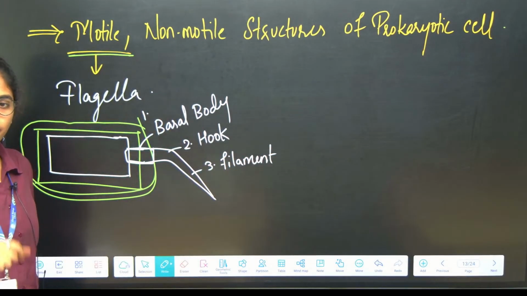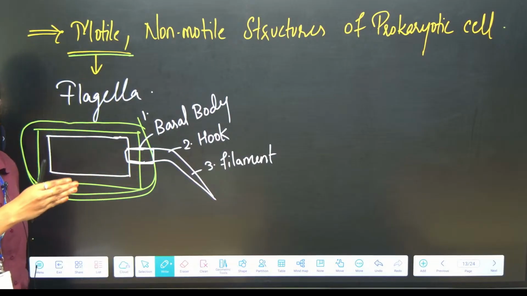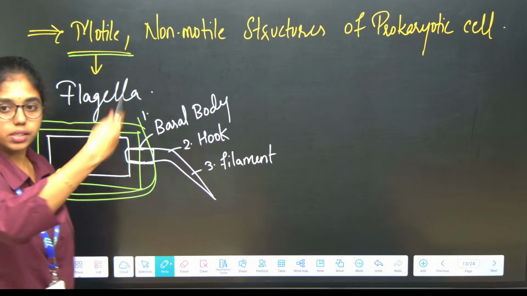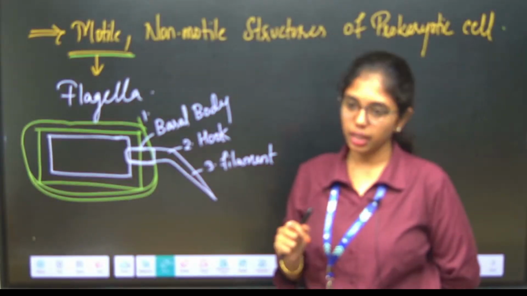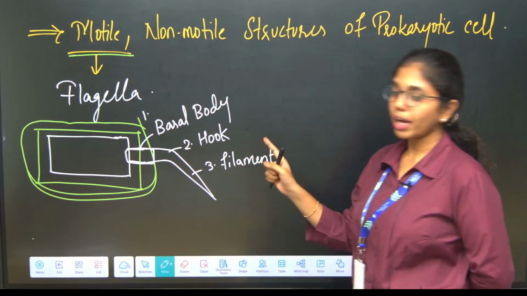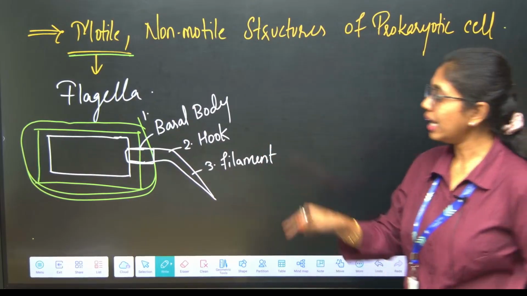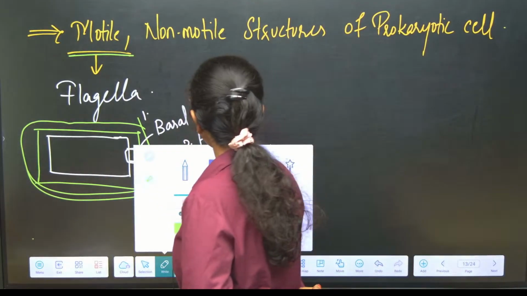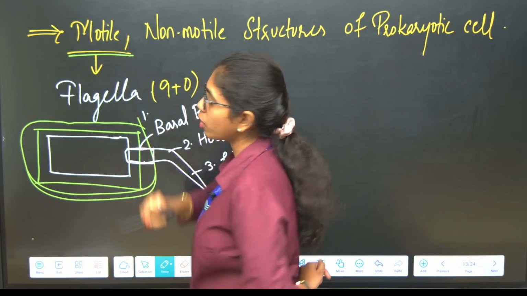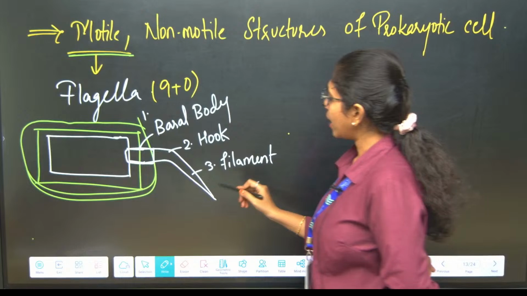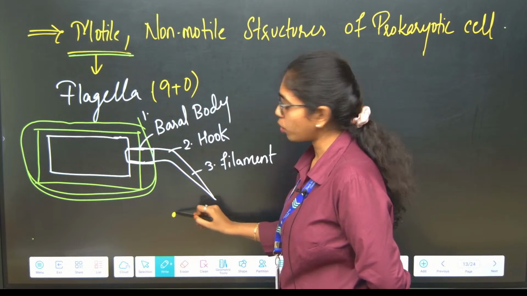How will the flagella move? Not like a snake that crawls; it will move like this. How? Because of the microtubular arrangement inside it. We will look into the microtubular arrangement in detail, but as of now remember, flagella have a 9+0 microtubular arrangement, wherein at the center there is a proteinaceous hub.